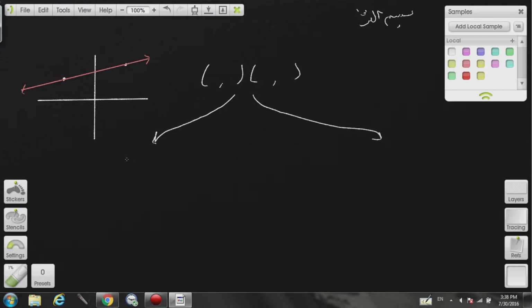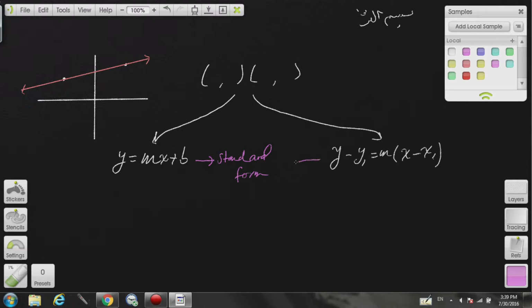The first way is to find the equation in the slope-intercept form, and the second way is to find the equation in the point-slope form. If you wanted it in standard form, you find it in one of these forms, and then you convert that into the standard form, which is ax plus by equals c.